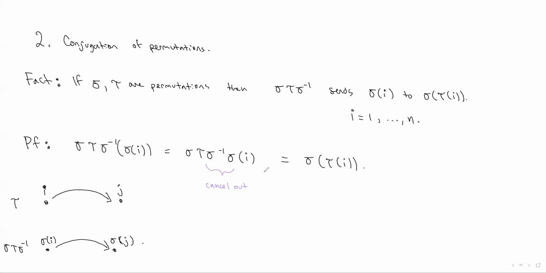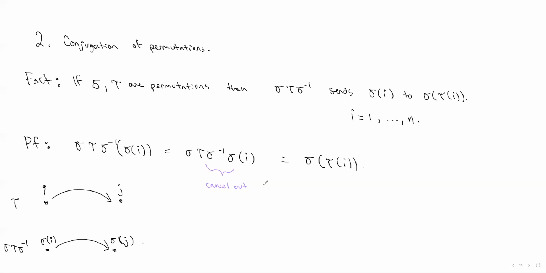And by the way, the reason why I wrote this fact and this proof is just because it's tough to remember things, right? Like, is it sigma tau sigma inverse or sigma inverse tau sigma? Especially for me, I haven't taken group theory in years. So how do I remember it? Well, I can't remember all these facts literally, but if I remember the justification for it, then I can rederive the fact. I remember that the justification had to do with sending sigma of i to sigma of tau of i.